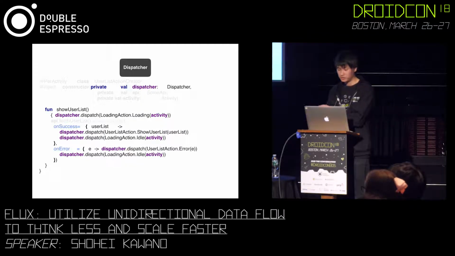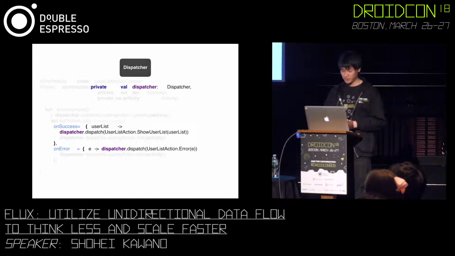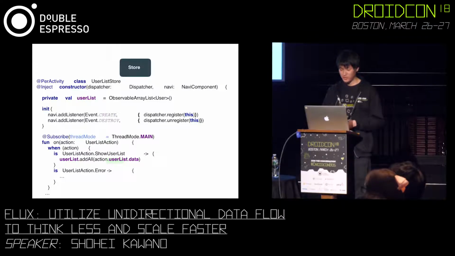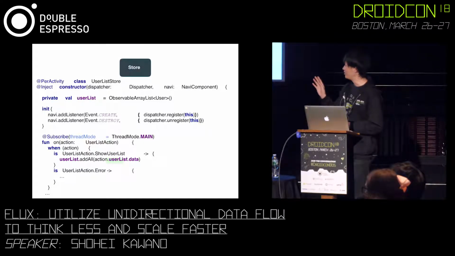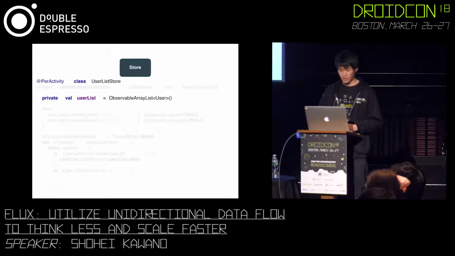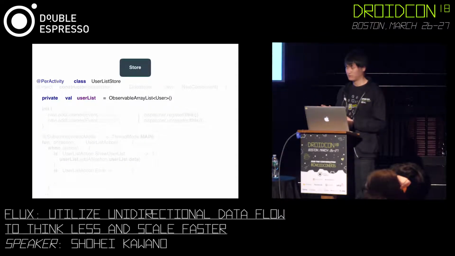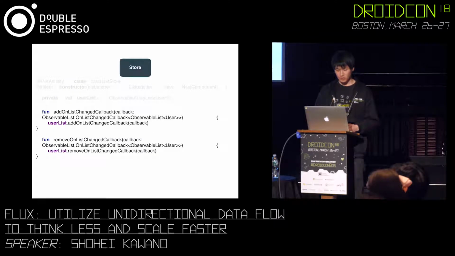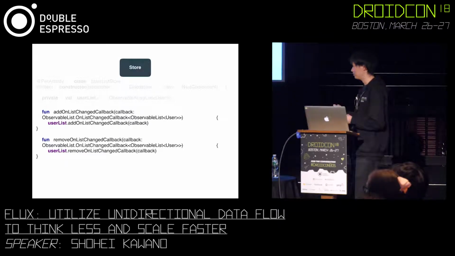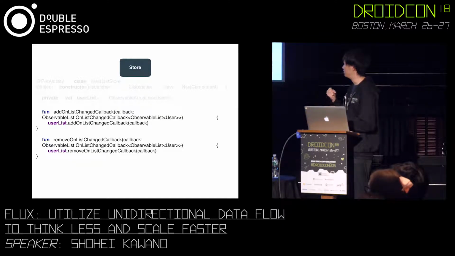Now, next, let's see what's going to happen when a user list action gets dispatched. Inside the action creator, we have a loading action dispatched in those places, and a user list action as well. Then, this is a new store, a user list store. It looks the same or similar to the loading store. Notice that we have a user list property as an observable array list. If you have used an observable array list, you need to register a callback in order to get notified if the list changes.